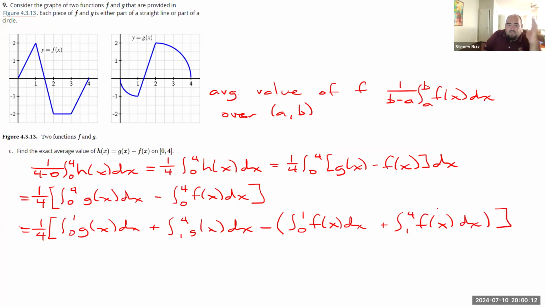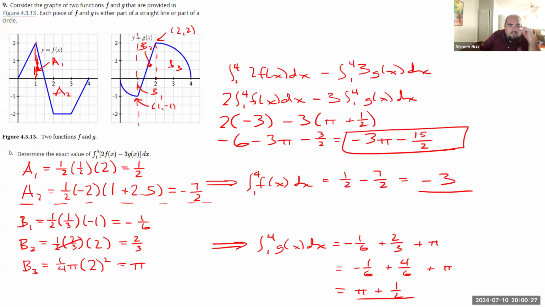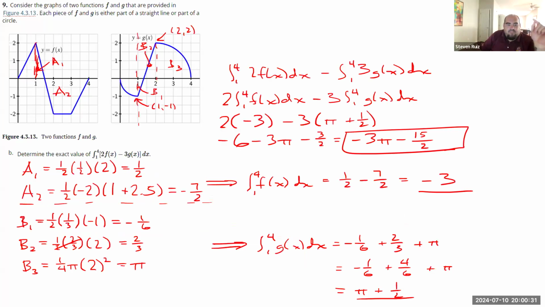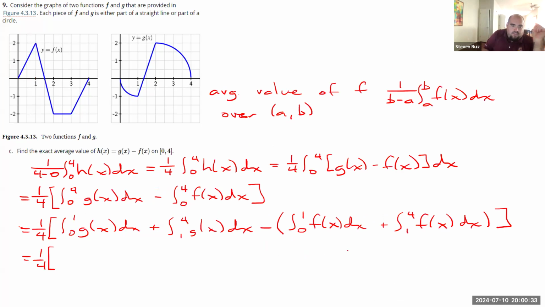So split this up into a bunch of pieces, but these are all pieces that I've already found. So let's just substitute in the things I have already found. What is the integral from 0 to 1 of g of x? The integral from 0 to 1 of g of x was negative pi over 4. So this first value is negative pi over 4.